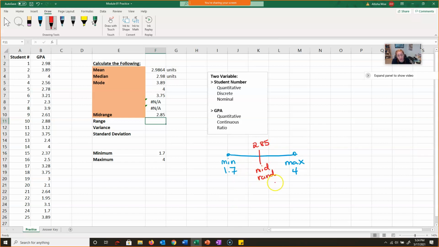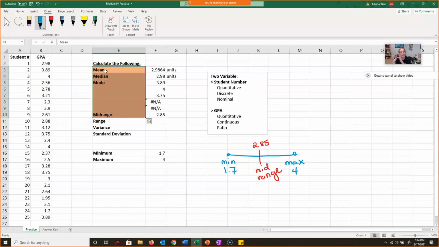Wow, I can't spell range apparently. Mid-range is going to be 2.85. So that value in the middle happens to be pretty close to our median, which is kind of interesting if we think about it.